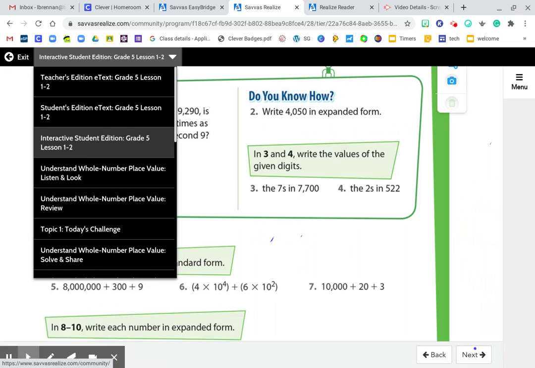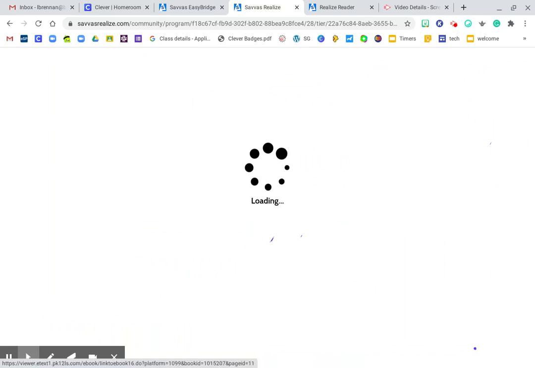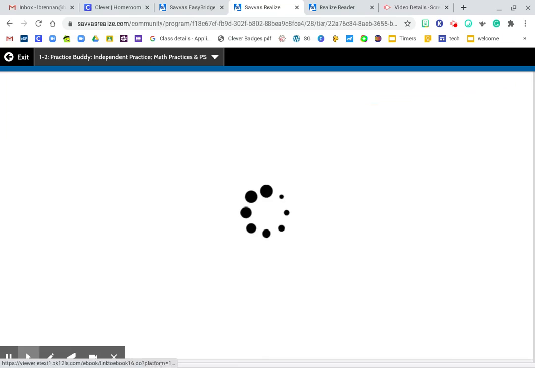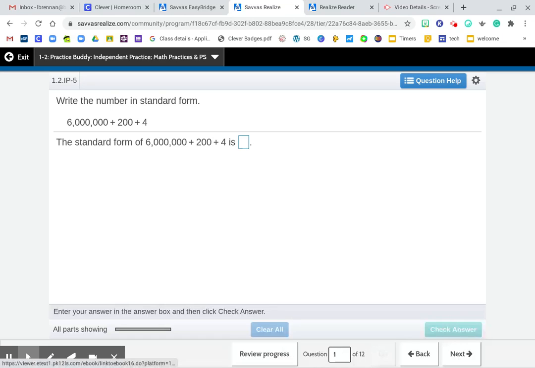So when you go in, it's been assigned to you, it is Practice Buddy, and there's usually only about 12 questions. And they might be in a different order for you than this is. So write the number in standard form. So I'm going to write this number in standard form.